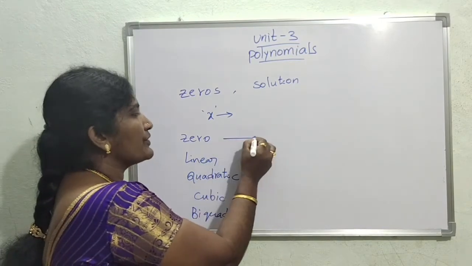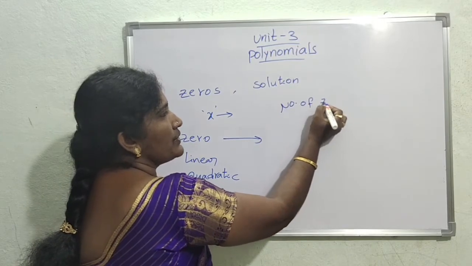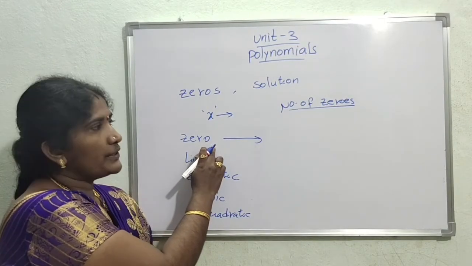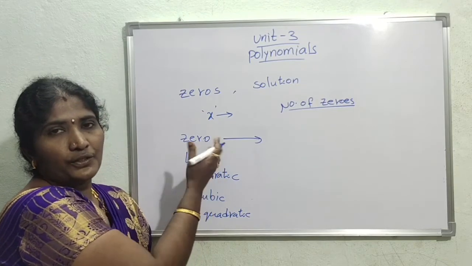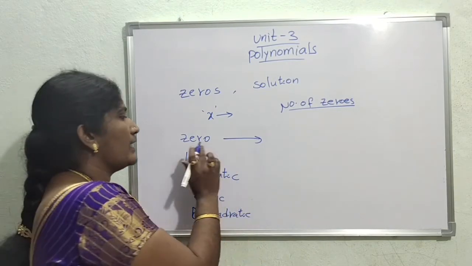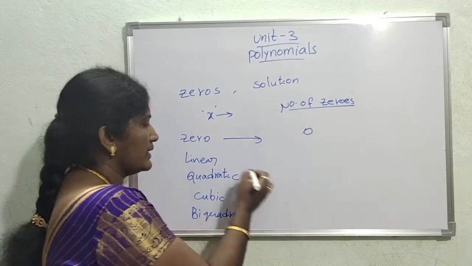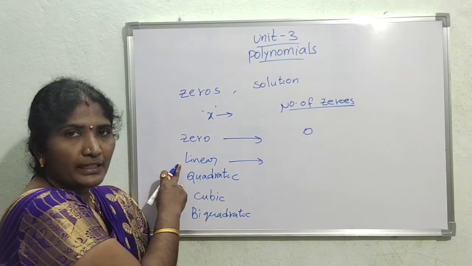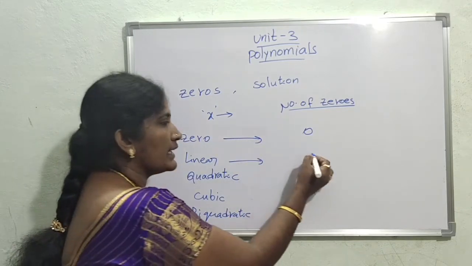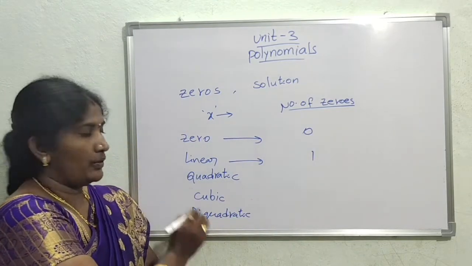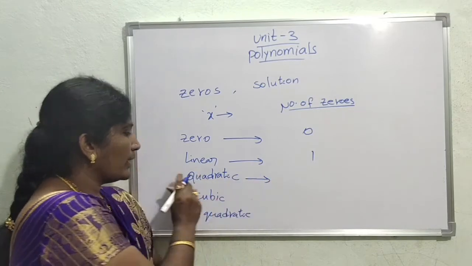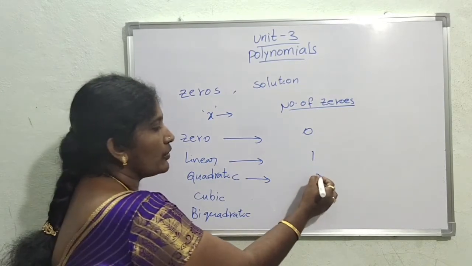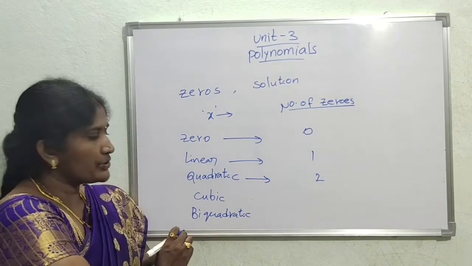First, number of zeros or solutions. The number of zeros for a zero polynomial is 0. Linear polynomial: what is the highest degree? 1. Therefore, it contains only 1 zero. Quadratic polynomial: highest degree 2. Therefore, it contains 2 zeros.